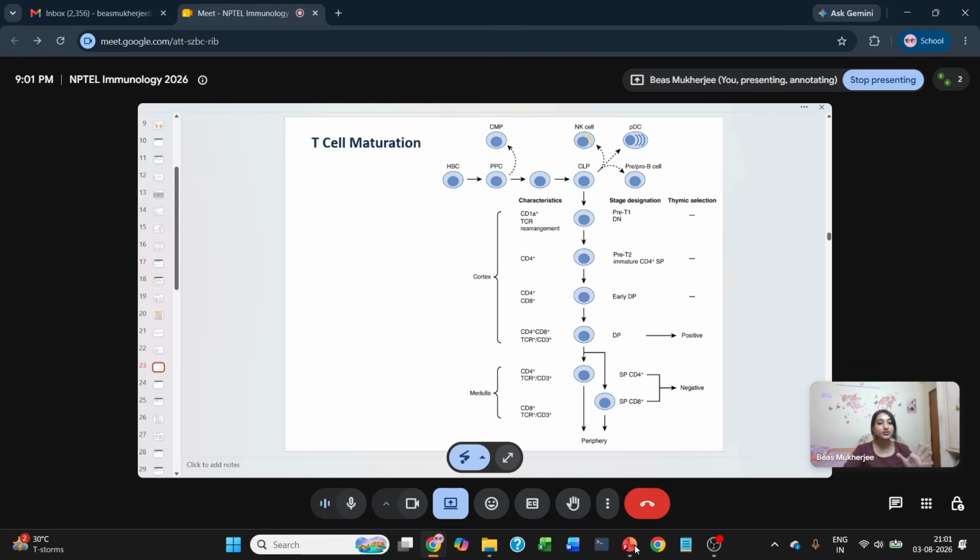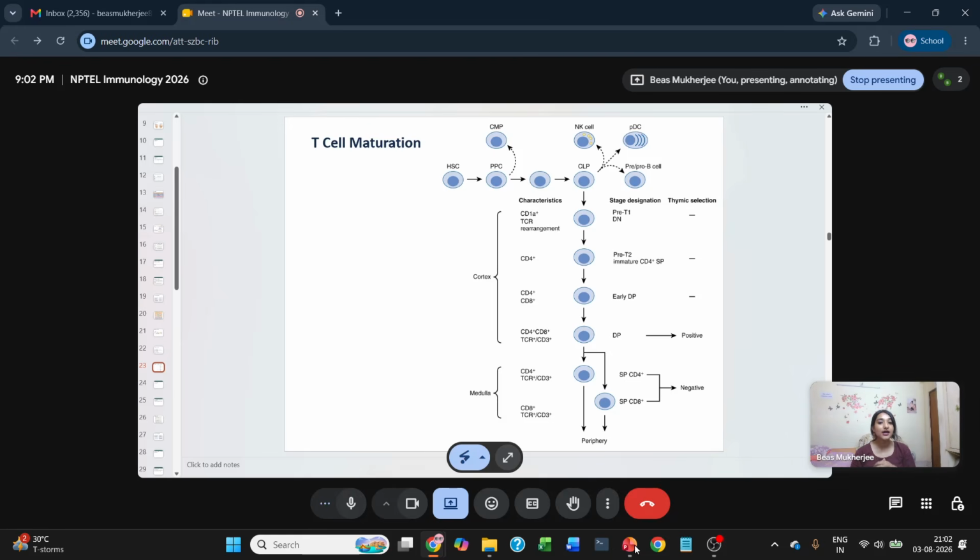Okay, so it is shown in the form of a figure here. You can see this common lymphoid progenitor, and from that common lymphoid progenitor it goes through a lot of different stages, and inside the cortex it is forming double positive. Early DP is double positive.